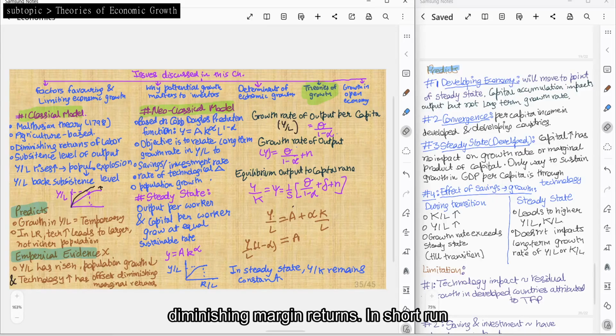In the short run, GDP per person can grow faster, but in the long run, GDP per person grows at the rate which is suggested by this neoclassical model. So capital accumulation impacts the level of output, like it leads to higher output, but it does not influence the long-term growth rate, which is predicted by this formula.